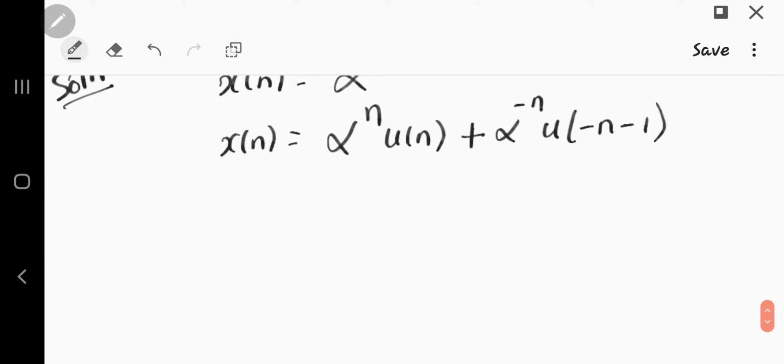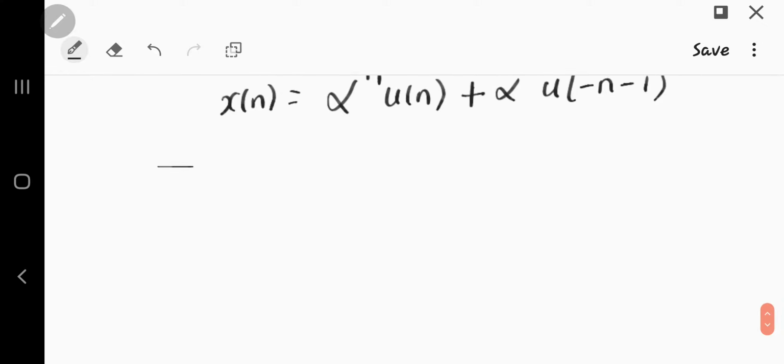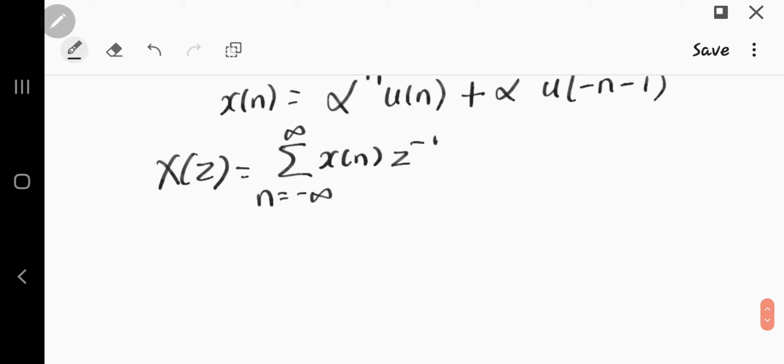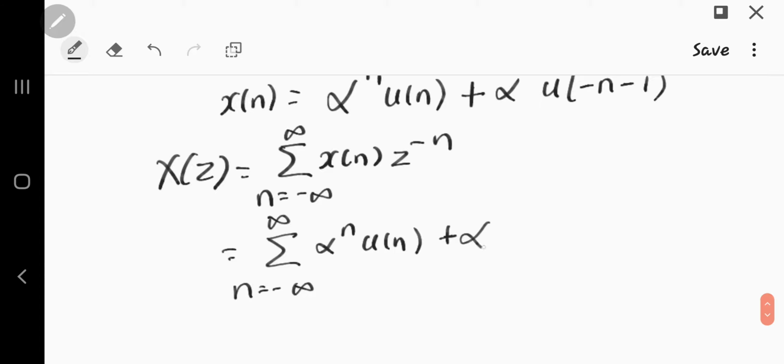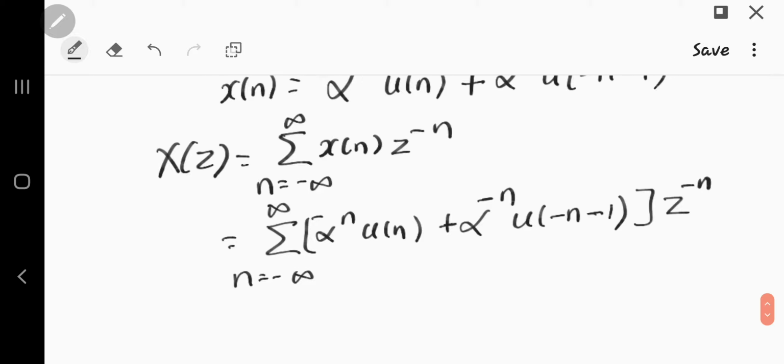Now coming to the solution for this, x of z is equal to summation n varying from minus infinity to plus infinity x of n z to the power of minus n. So let's substitute this value: alpha to the power of n u of n plus alpha to the power of minus n u of minus n minus 1, times z to the power of minus n.